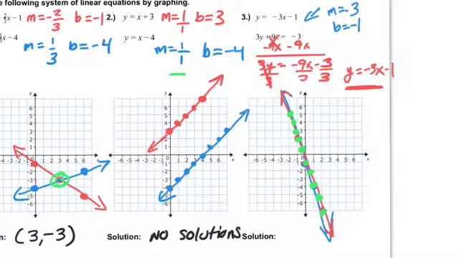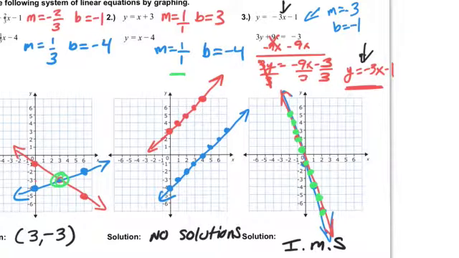So whenever the system of equations is the same exact line, that is a case where there are infinitely many solutions, which we abbreviate as IMS, because every single point on both of those lines is part of the solution set.